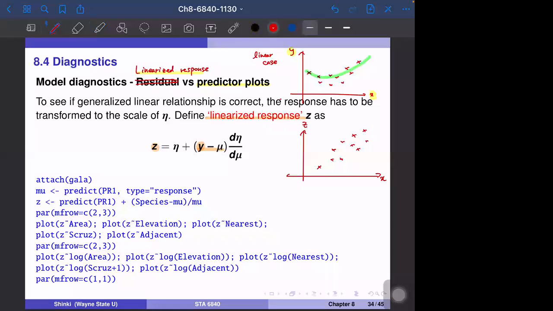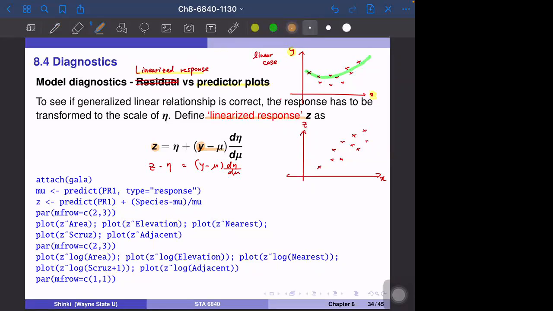The basic idea is that z minus eta is equal to y minus mu times the derivative, so this quantity is calculated in this way.